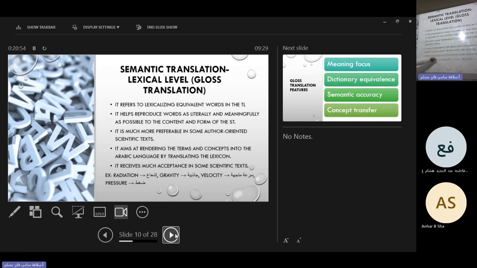It receives much acceptance in some scientific texts, more acceptable than the previous two in the scientific framework. Like what? Radiation. إشعاع is an Arabic word that was taken and given to radiation as its translation.